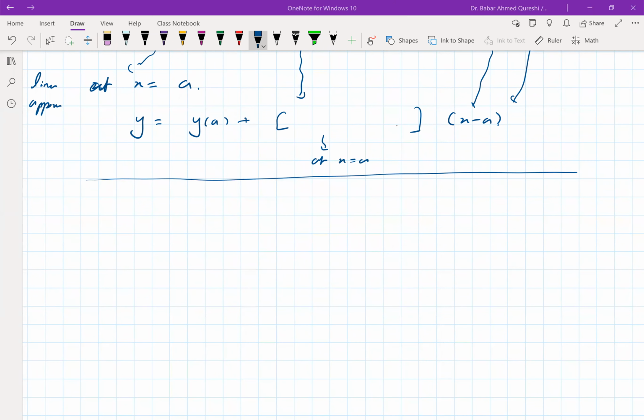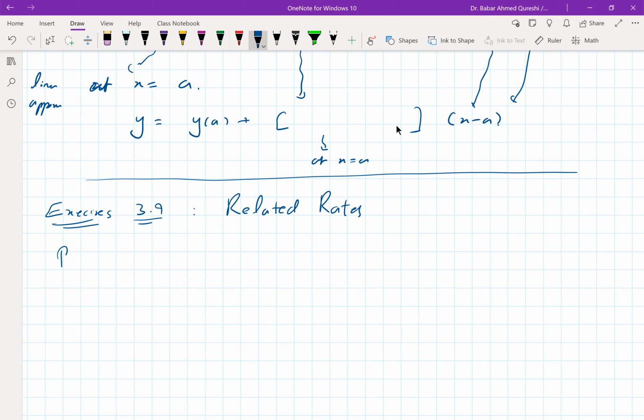Let me do a few from exercises 3.9, and this is on related rates. Let's do first one of the very simplest one.